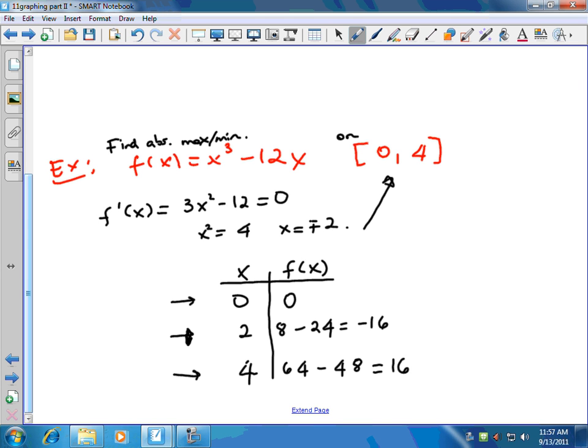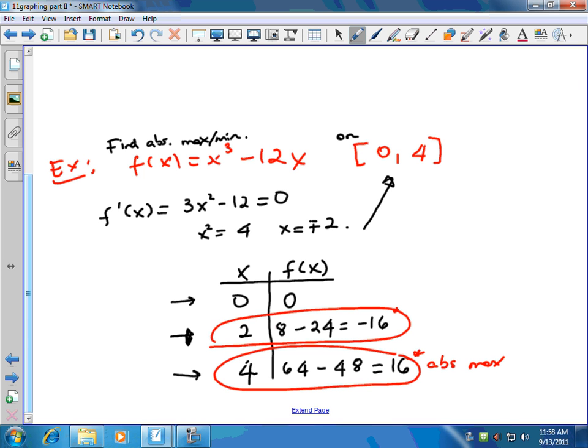So now look at your second column values. The absolute largest value you got there, 16. This is going to give you 4 comma 16 is your absolute max. And the absolute lowest number you get in the second column, that is going to give you 2 comma negative 16 is your absolute minimum for this function.